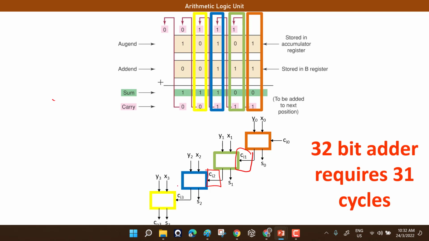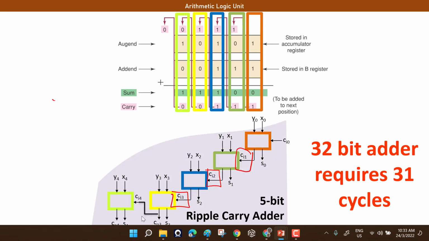If I were to do this at the third cycle, I would have to predict C13 here, which is also dependent on C12 here, which is also dependent on C1 of the first cycle here. If you were to do it at the fourth cycle, it is the same. The fourth will depend on the third one, the second one, and then also the first one.